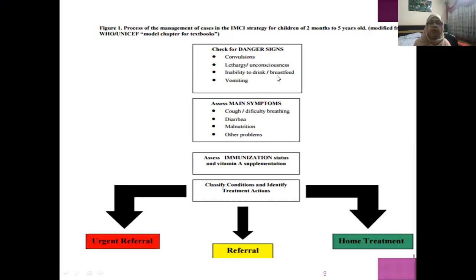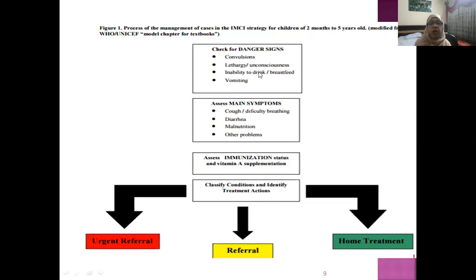And you have to assess for the main symptoms, as I have told: cough and difficult breathing, diarrhea with dehydration, then fever with malaria or measles, assess for malnutrition and anemia, ear problem, and other problems.